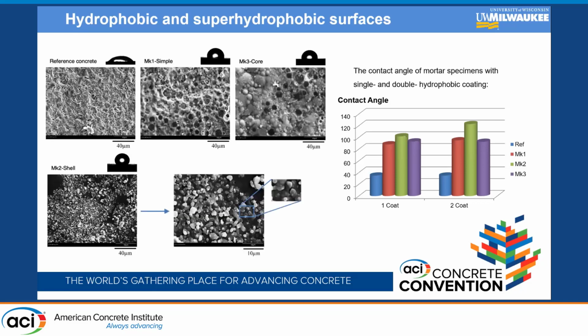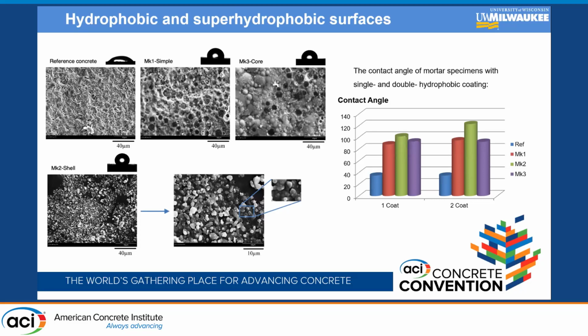This micrograph shows the concrete surface that was coated or uncoated. At the first one, we have the reference concrete. The goniometer was used to obtain the water droplet angles. We can see that the reference, as everyone here knows, is a very hydrophilic surface.